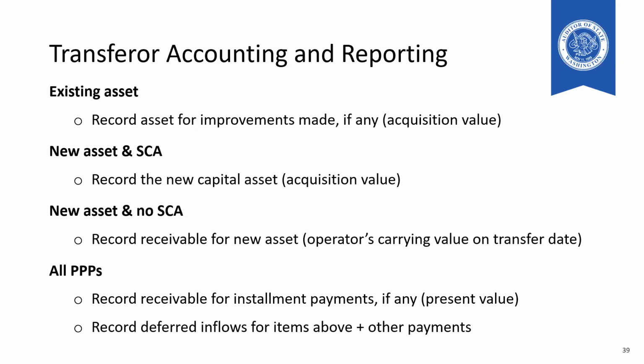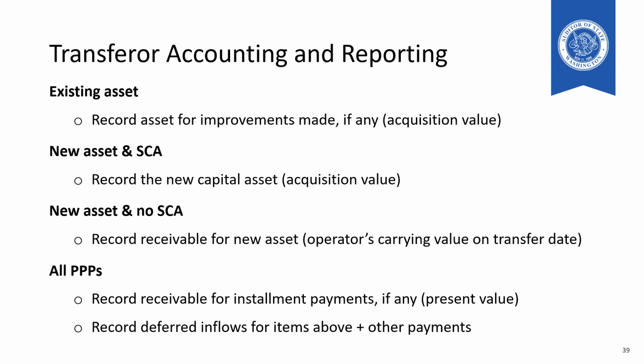Our third scenario is if the operator is either constructing or buying a new asset for the transferor, but this time the contract does not meet the definition of an SCA. In this case, the transferor is going to record a receivable for that new asset.